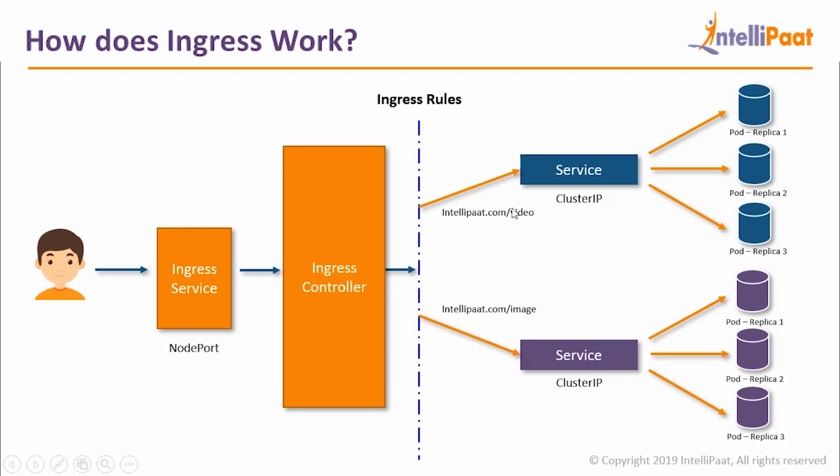If it's intellipaat.com/video, then it'll go to this particular service, and if it's intellipaat.com/image, it will go to this particular service. These services in turn act as a load balancer to the pods which are beneath them, and hence your request is sent through the ingress service, through the ingress controller, through the service, to the pod, and that's when it reaches you. Okay, so this is how an ingress works full-fledged when you're working in a Kubernetes cluster.